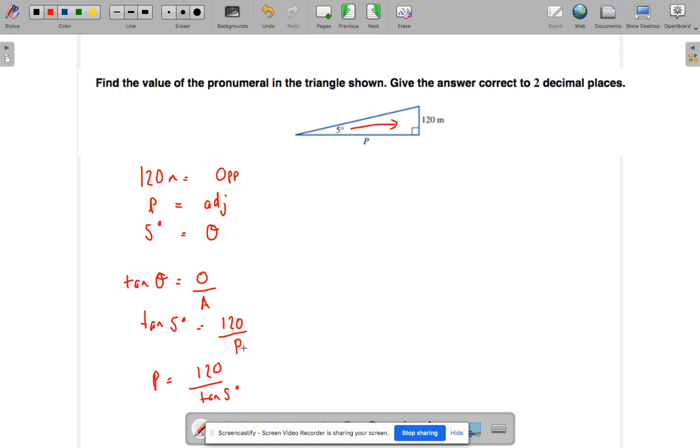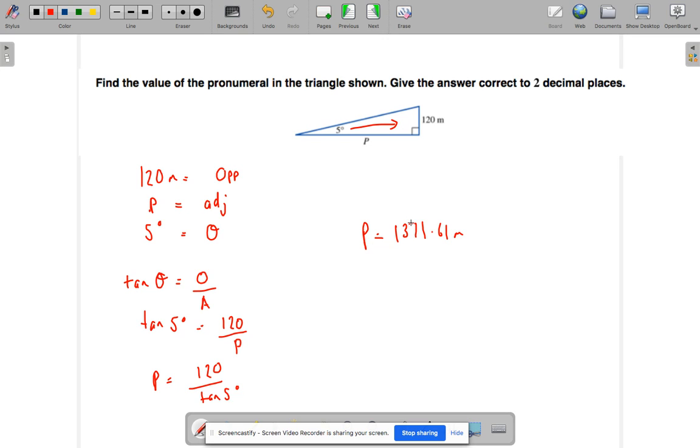If the unknown is on the bottom, you divide. If the unknown is on the top, you multiply. So now we go 120 divided by tan 5, and we get 1,371.61. So P equals 1,371.61 metres.